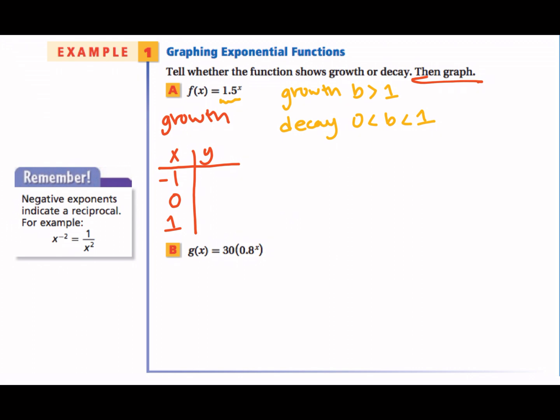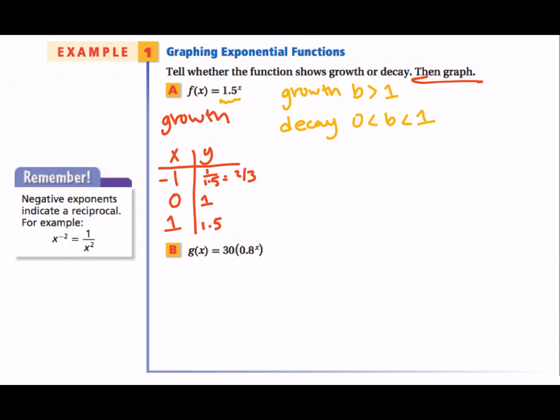So -1, 1.5 to the -1, that's just 1 over 1.5, or 2/3. Okay, anything to the 0 power is 1, and then 1.5 to the first power is 1.5, or 3/2. We'll leave it as just 1.5.